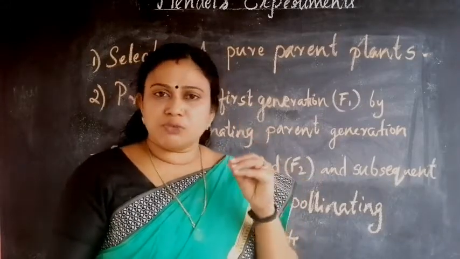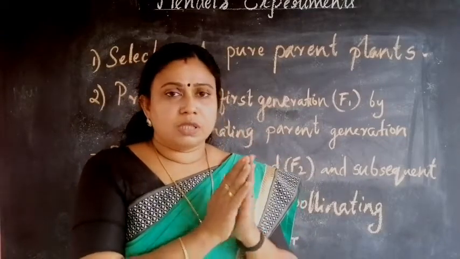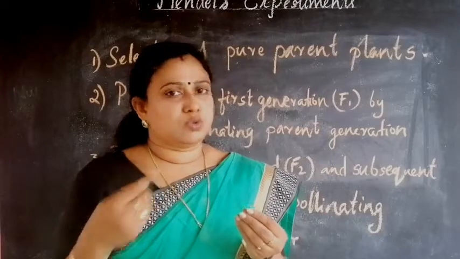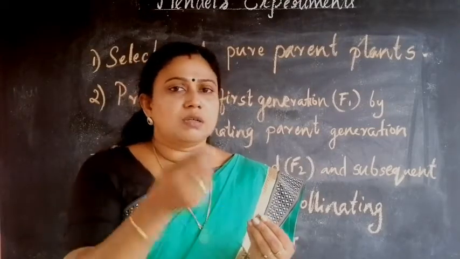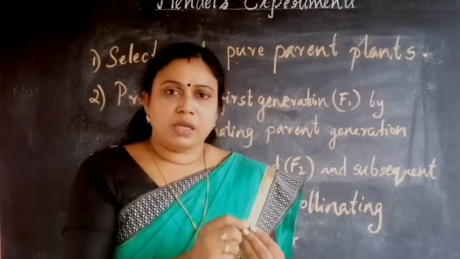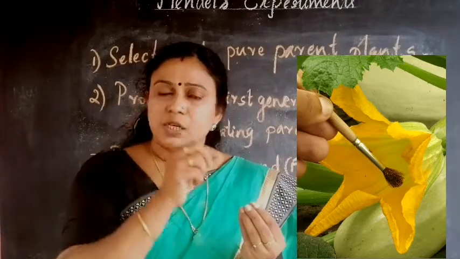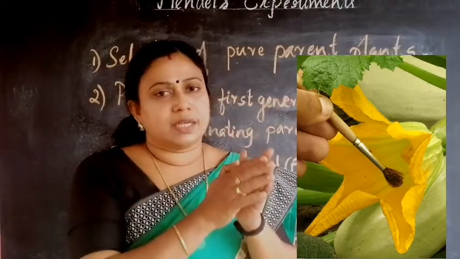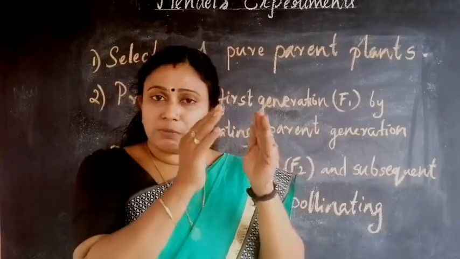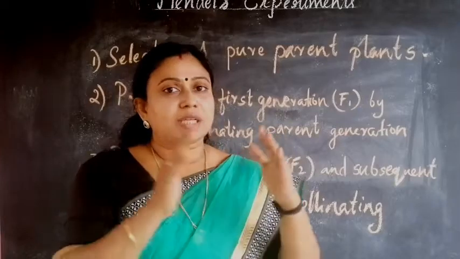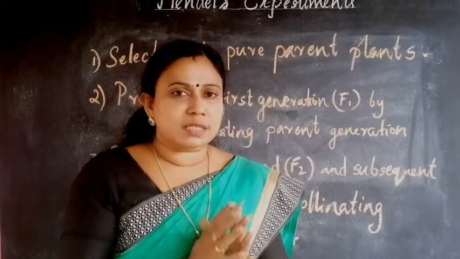When the plants produce flowers, the anthers, the stamens of the flowers, are removed, and on those flowers the stamens of the other parent plant are dusted over, and the flowers are tied. So the seeds produced from that flower will have the characters of both parent plants. That is how cross-pollination is done.